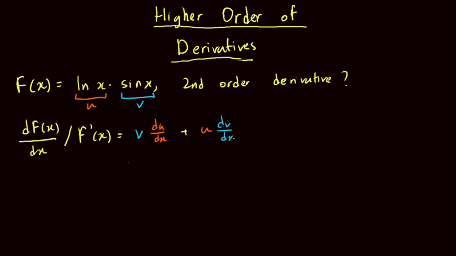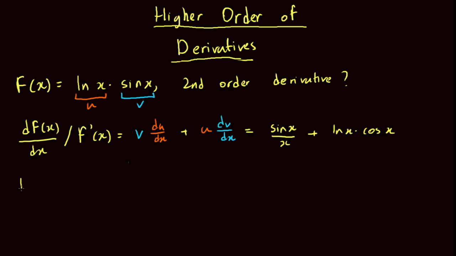Frankly speaking, it's very straightforward. So it's just sine x, du dx is just 1 over x, so over x, plus u, ln x, times the cosine of x. So that's basically your first order derivative.